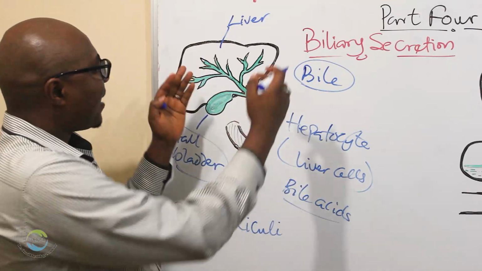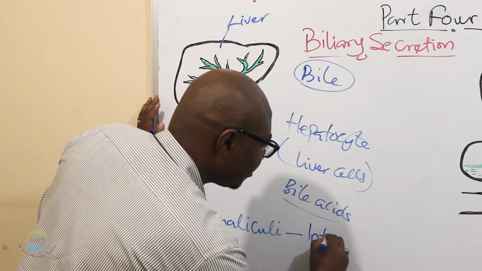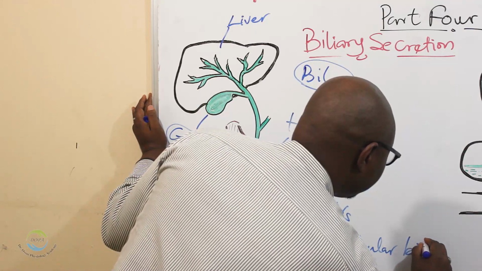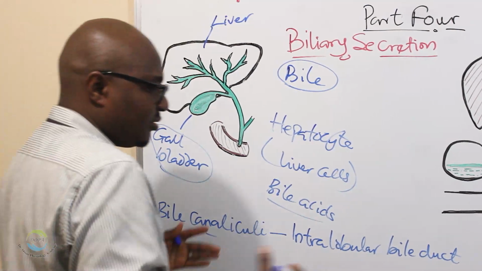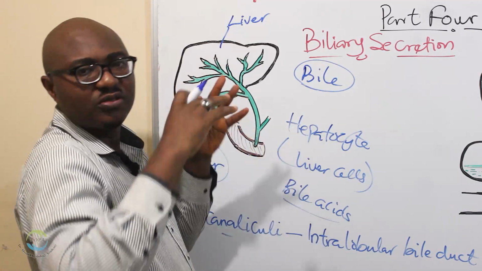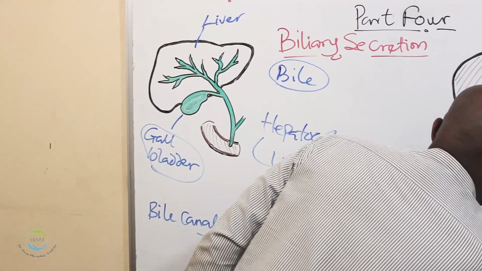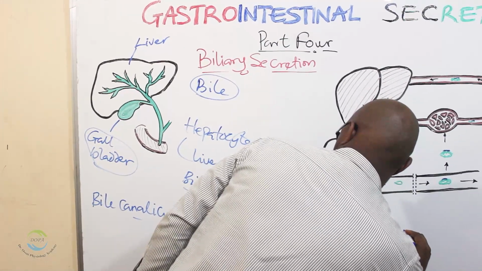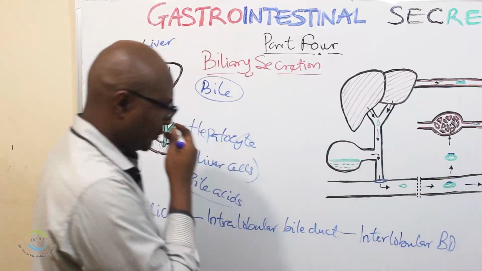So several bile canaliculi join to now form intralobular bile ducts. Okay? Then several intralobular bile ducts coalesce and join together, combine to form interlobular bile ducts.